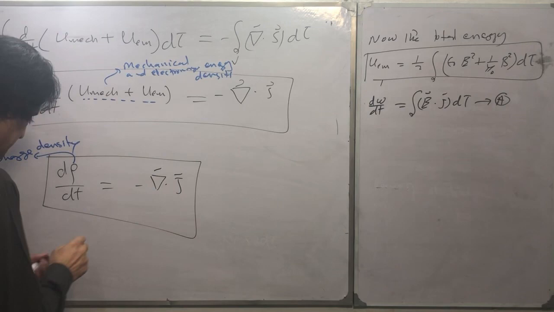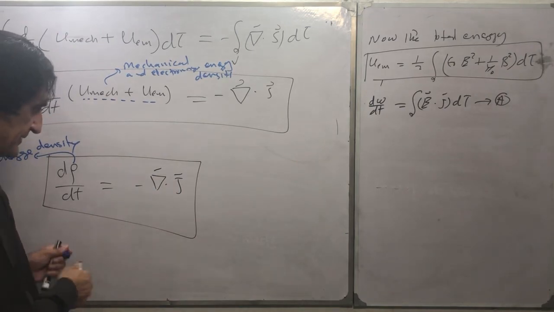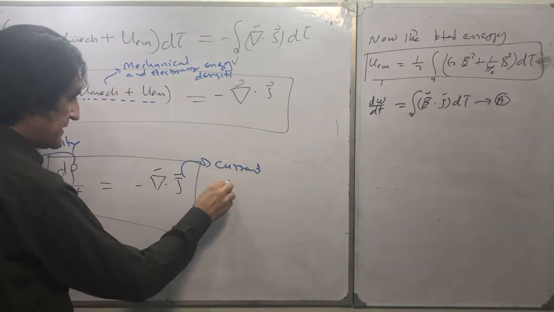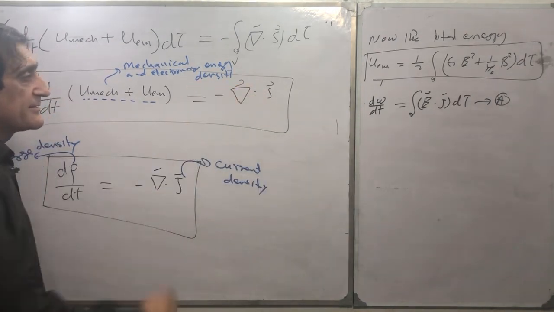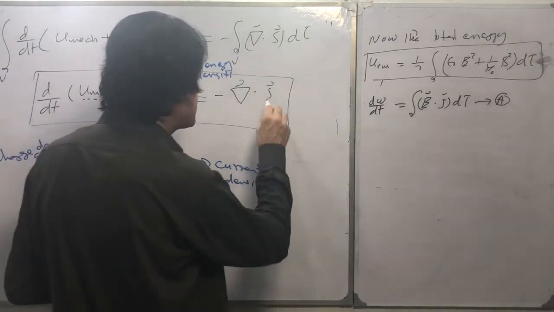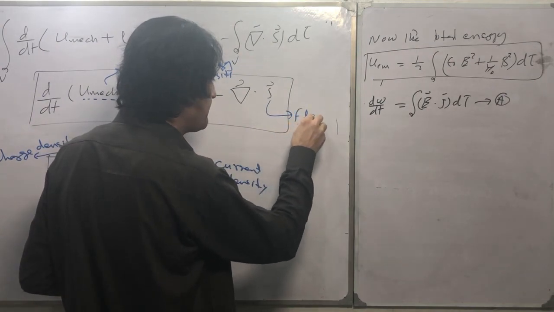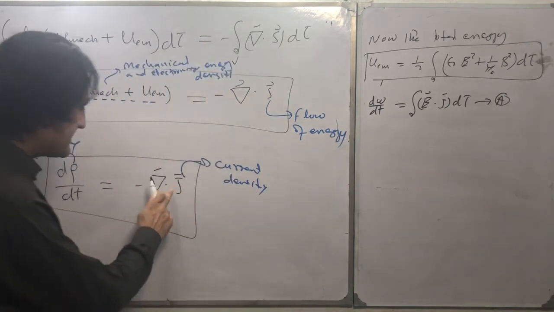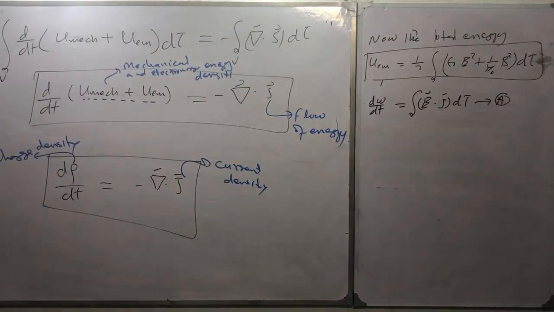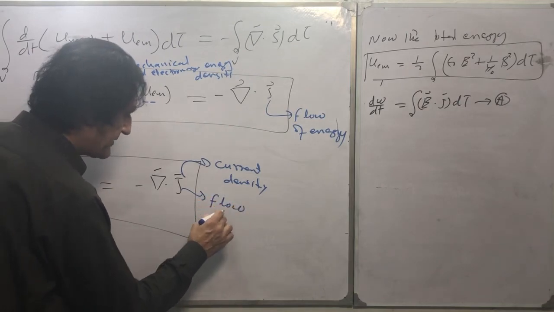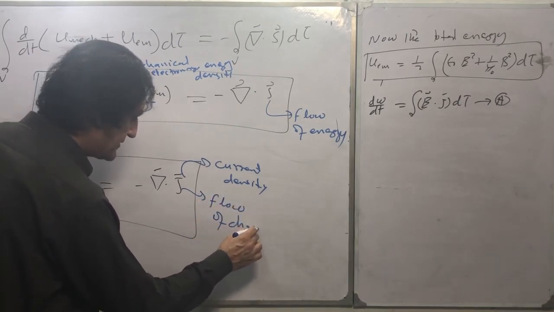Here J is the current density, but S is the energy transport, the flow of energy, which occurs due to flow of charges.